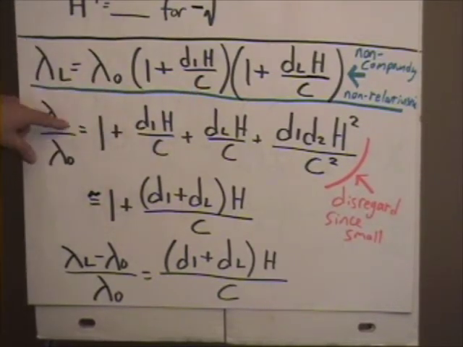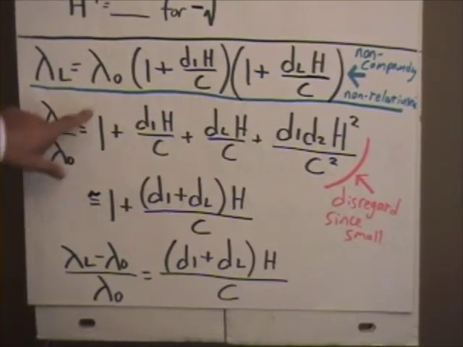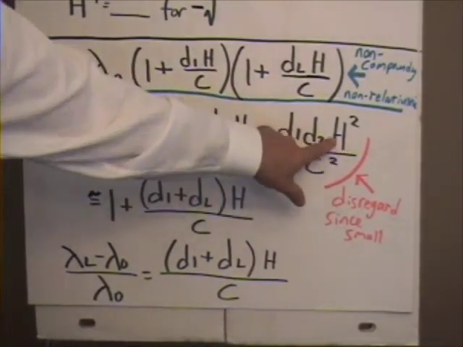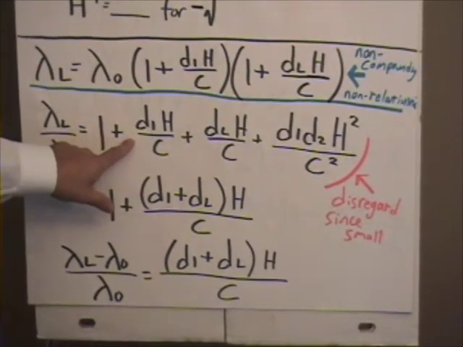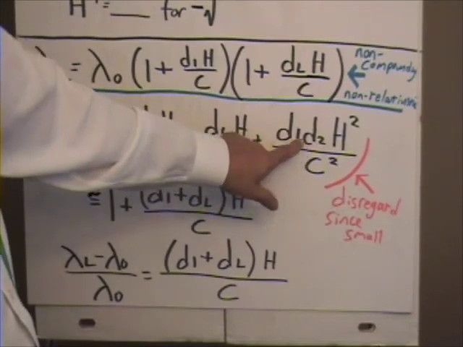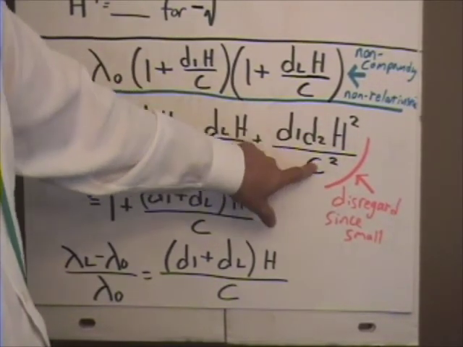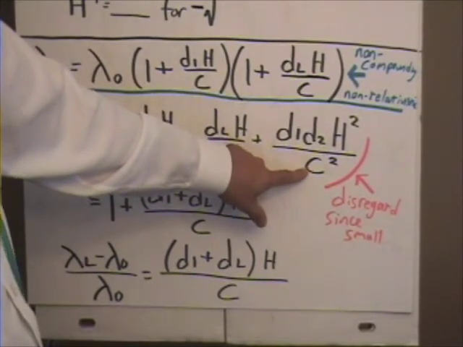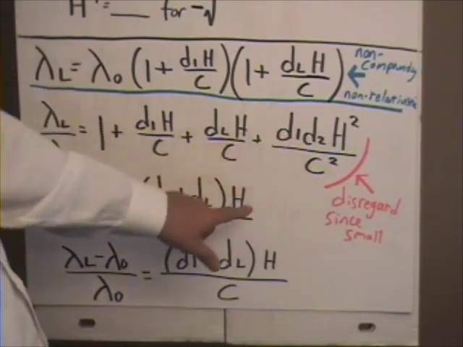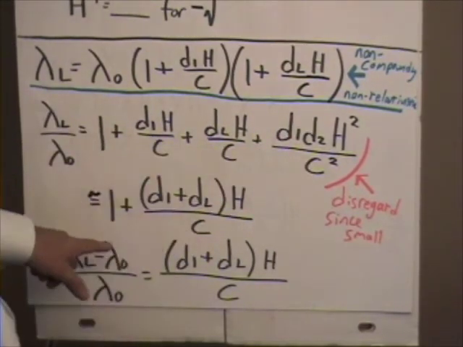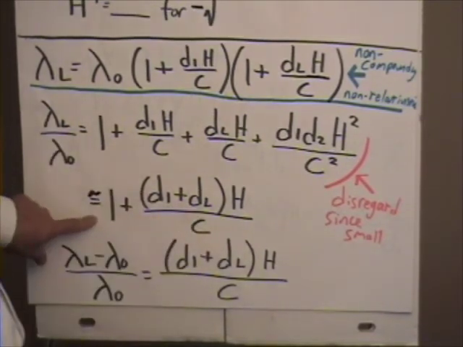We start here, bring the initial wavelength over to this side, and then multiply those out. That yields this. Then we notice that this term is some number over the speed of light squared, so this number is going to be very small. So to simplify things, we disregard this term because it's so small. So that leaves us with this part rewritten, looks like this.